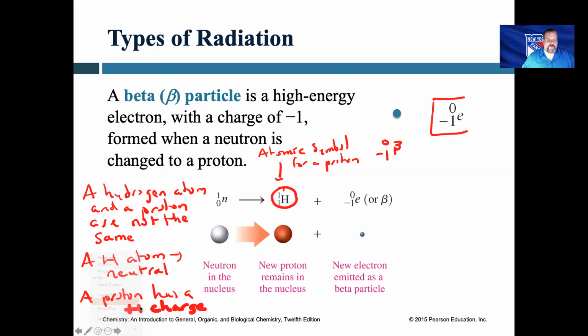And that stems from the fact that a proton has 1 proton but no electrons. I'm trying to make that look a little bit clearer, like a +1.